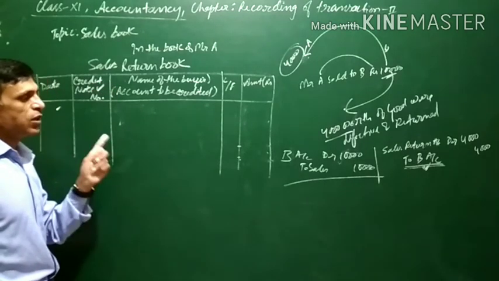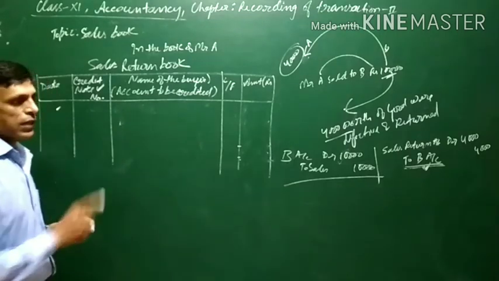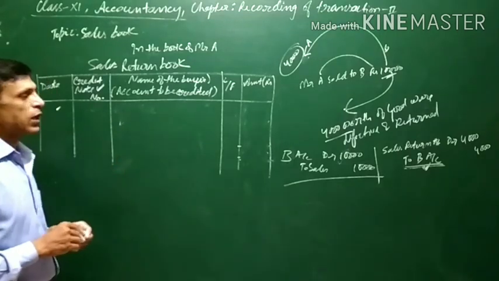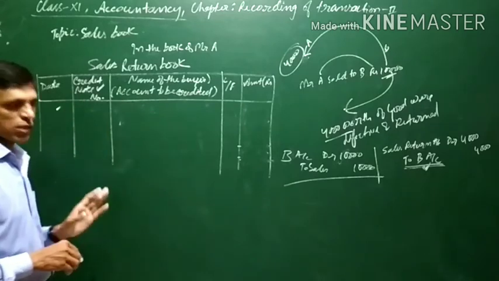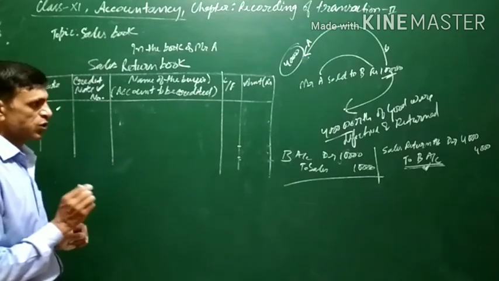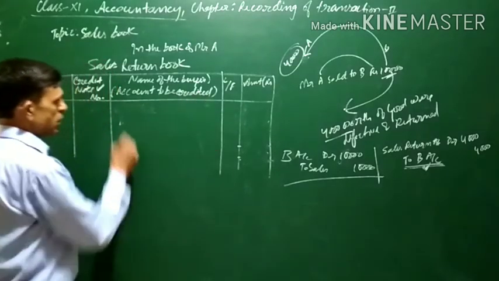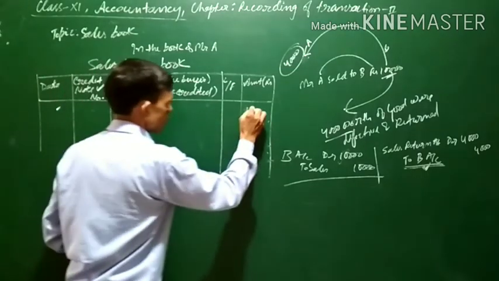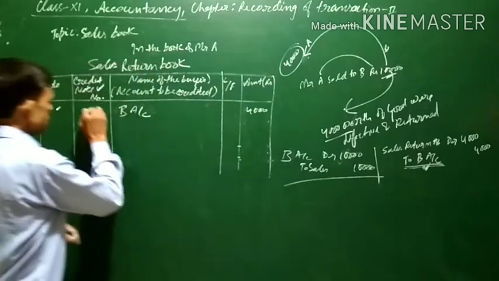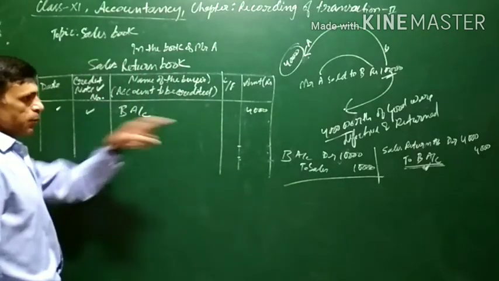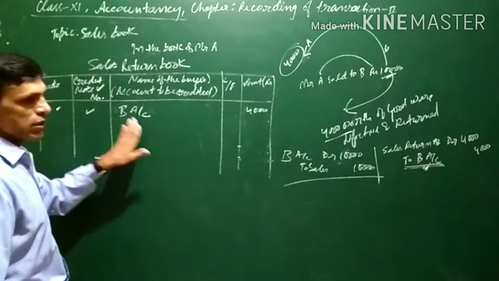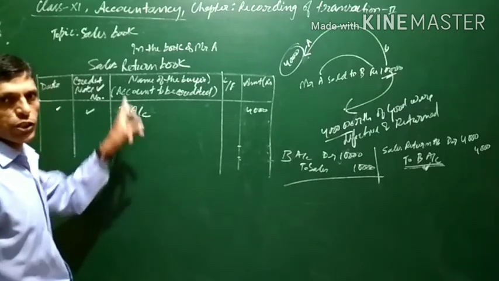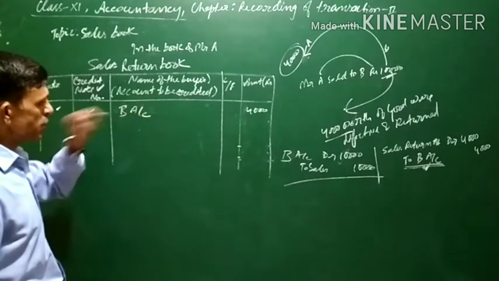Means A will issue a credit note to B that I have credited your account with rupees so much because you have returned the goods. So whose account will be credited? B's account, 4,000 will be credited. And here the credit note number is written.